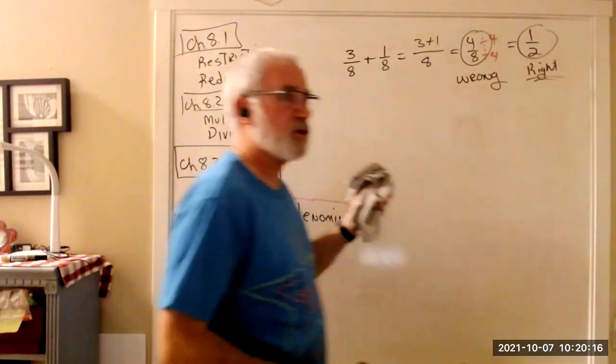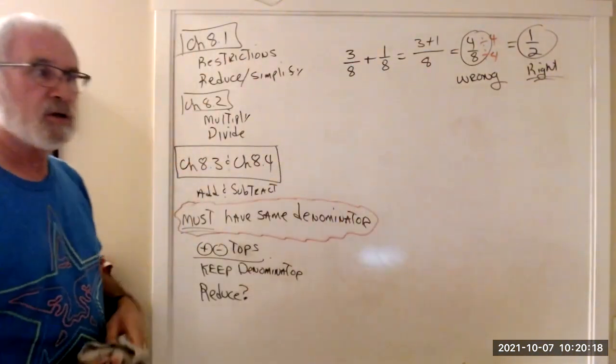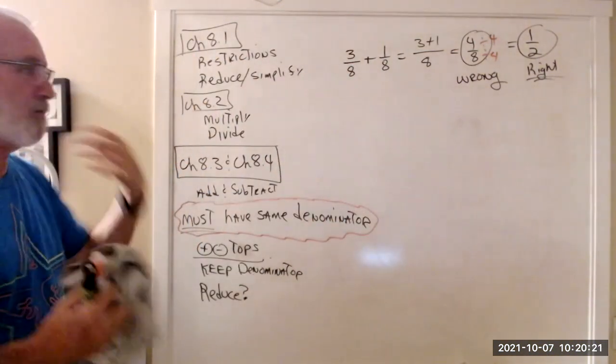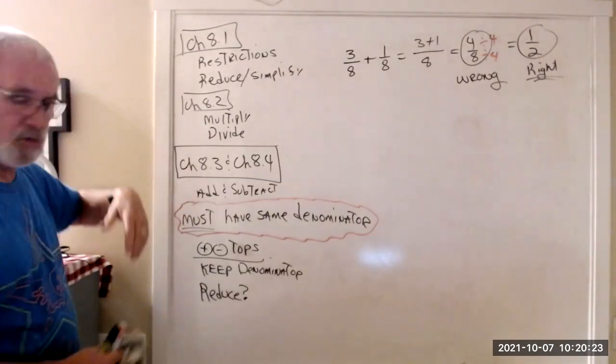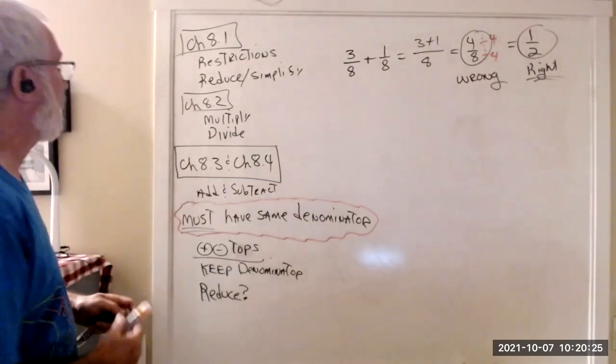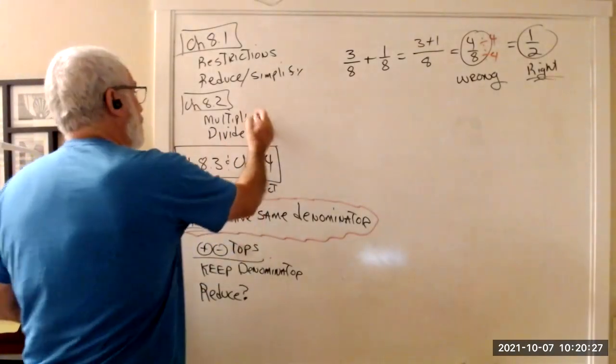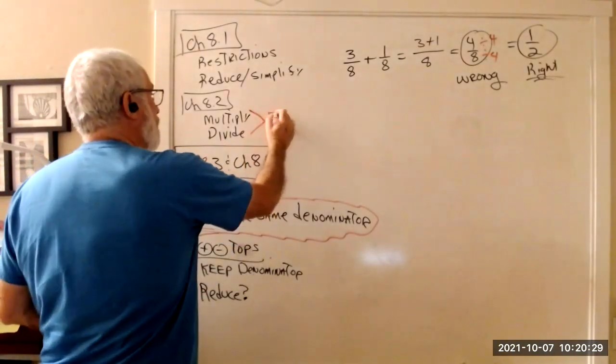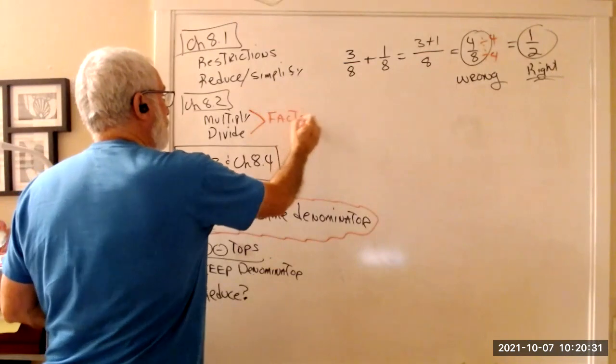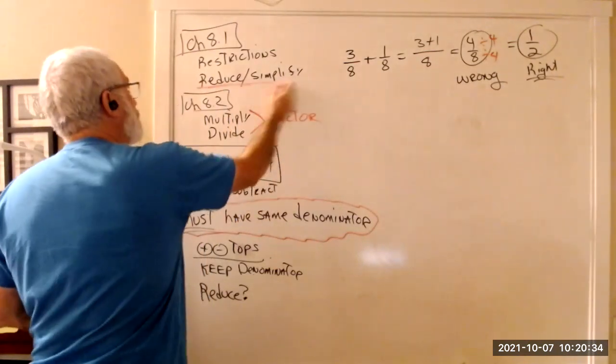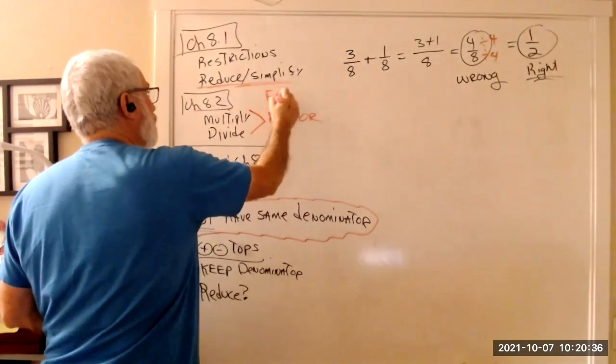Is there anything I've said that you need clarification on? Anything that doesn't seem right? I know what I want to add here. When we multiply or divide, the number one thing was to factor. When we reduce or simplify, the number one thing was to factor.